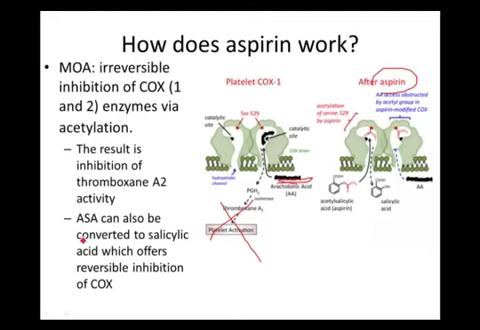Also understand that biologically, aspirin can be converted into salicylic acid, which offers reversible inhibition of COX. And so this mechanism that we're talking about here is irreversible, okay? And that sticks around for the life of the platelet, which is about 8 days, right?